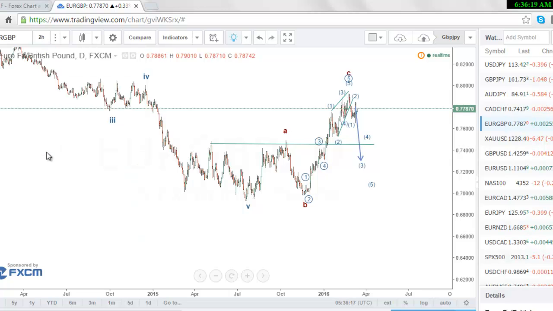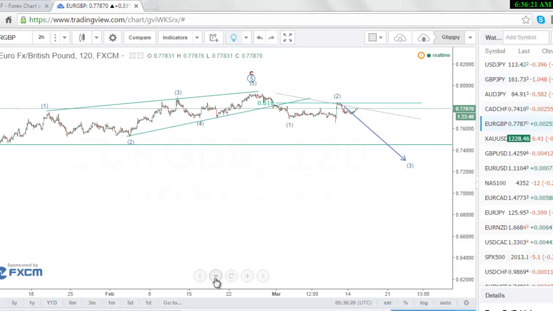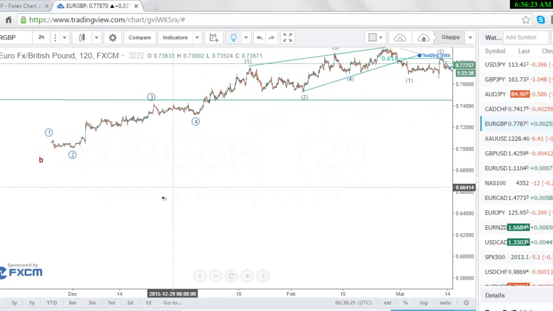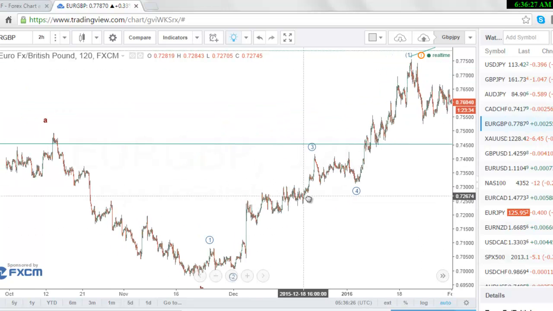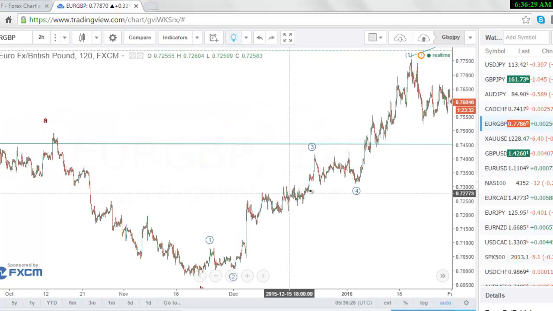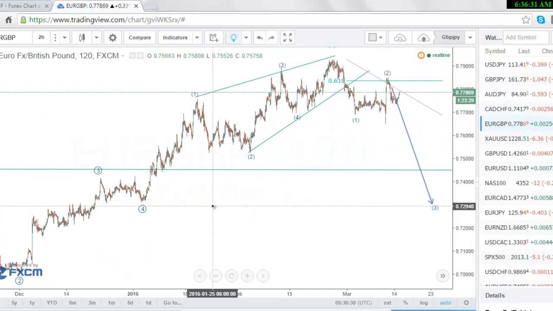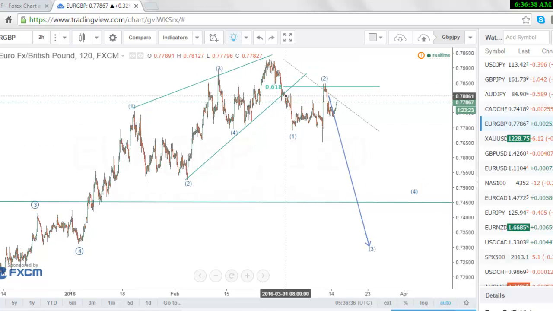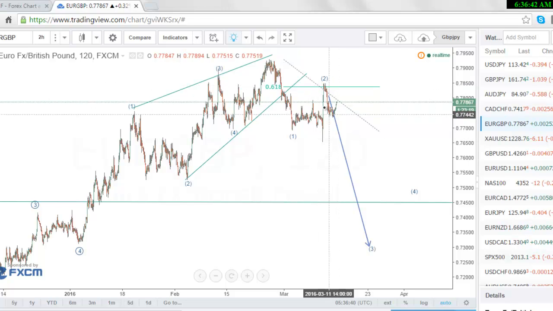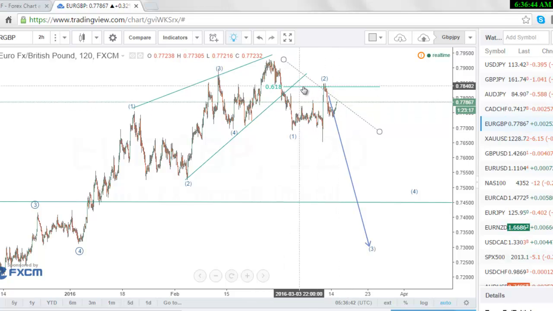So if you look at our 2-hour chart, zoom it, then we could see that this is the B wave there, this is the C wave, 1 2 3 4, and then we could see that the 5th wave is actually an ending diagonal. And then at the end of this movement, price broke below and bounced off here at the 61.8% retracement.